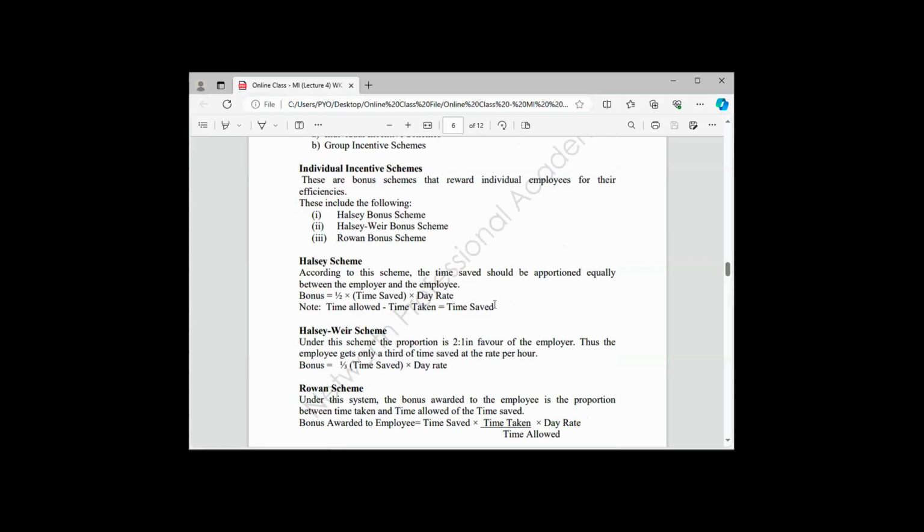And when we say 50%, is it not half? It is half. Okay, 75% will be 1/3. The other method is time saved times time taken over time allowed times day rate.